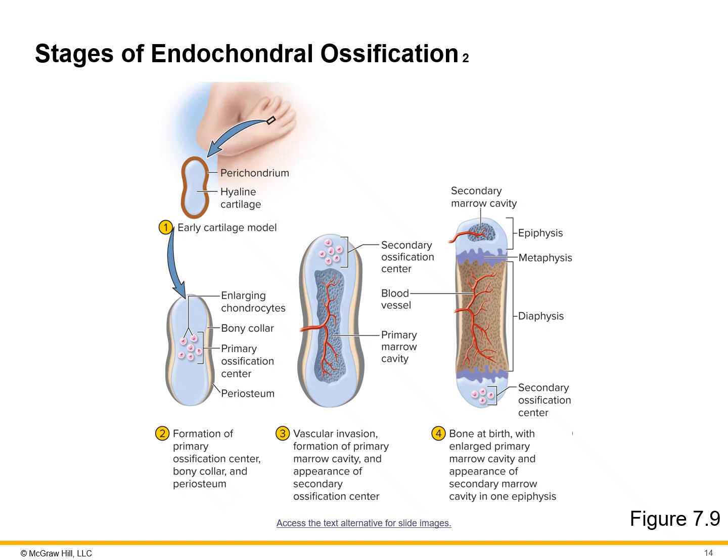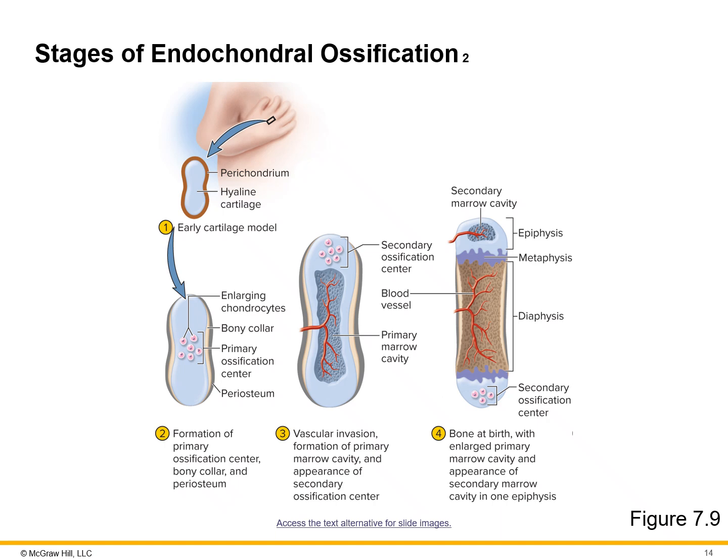With endochondral ossification, the first step is going to be an early cartilage model. And that is when the mesenchyme will develop into a body of hyaline cartilage that is covered with a fibrous perichondrium in the location of a future bone.